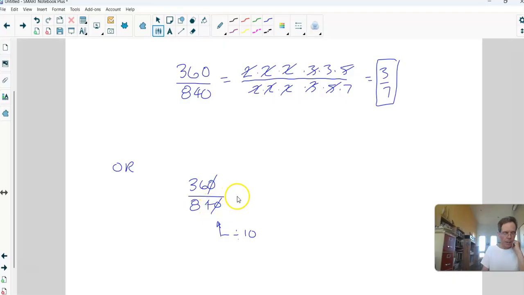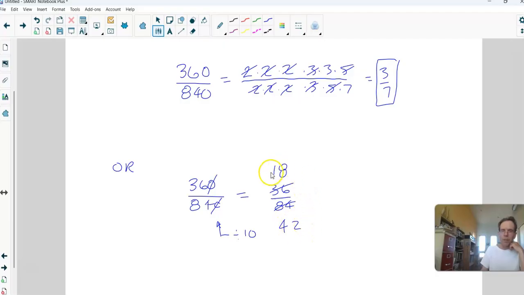Now what? Well, let me write that as a separate fraction. 36 over 84. Okay. Let's say my brain isn't really at full power and I see, oh, they're even. I can divide by 2. Easy, right? Just divide both by 2. Half of 36 is 18. Half of 84 is 42.